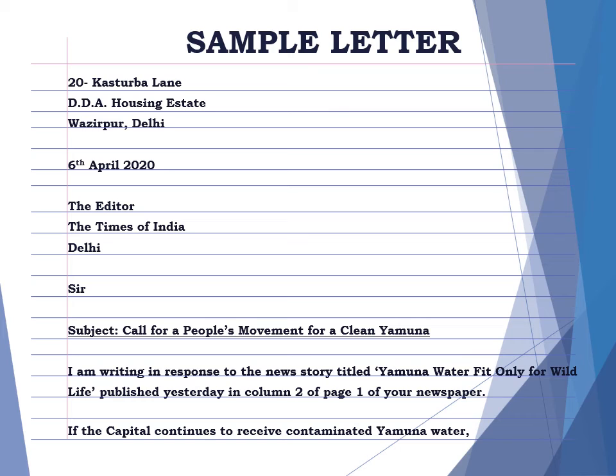And then The Editor, The Times of India, Delhi, that is the receiver's address. And then one line is left. And after that, salutation has been shown, that is Sir here. After that, one line is left and then the subject is given: Call for a people's movement for a clean Yamuna, and the subject has been underlined.